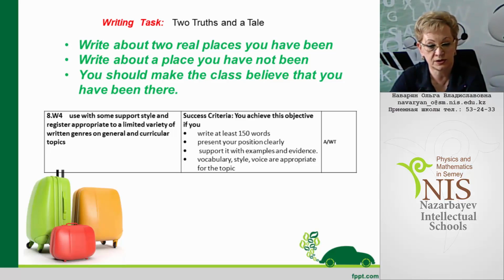And for objectives, it is use some support, style and register appropriate to a limited variety of written genres. Success criteria are: write at least 150 words, present your position clearly, support it with examples and evidence, and of course show good vocabulary, good style, and voice which is appropriate for the topic.